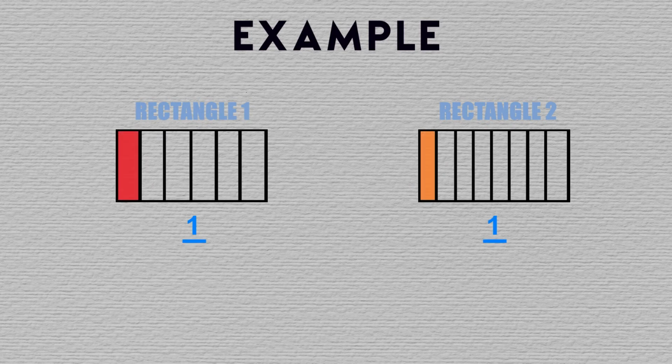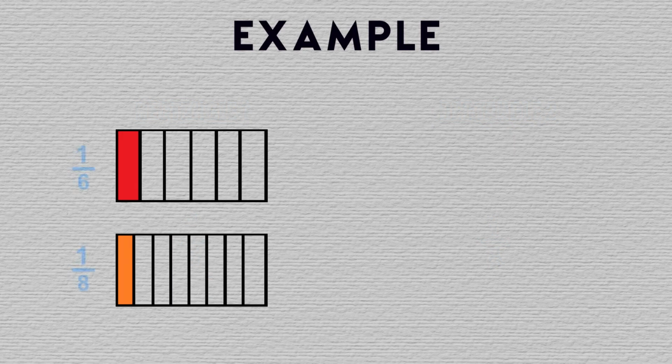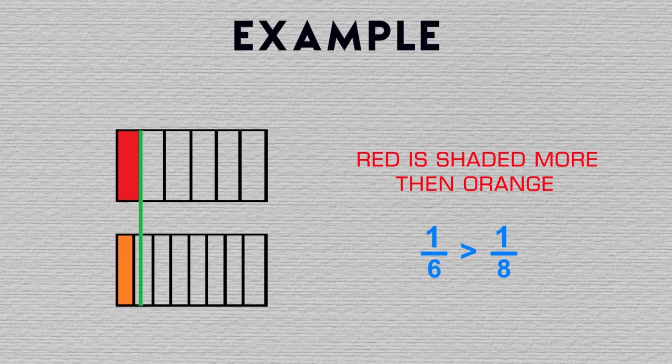We will shade one part of each of these two rectangles to compare, and check which part is shaded the most to see which fraction is greater. You can see 1 over 6 is greater than 1 over 8 because the part shaded in 1 over 6 is bigger than the part shaded in 1 over 8.